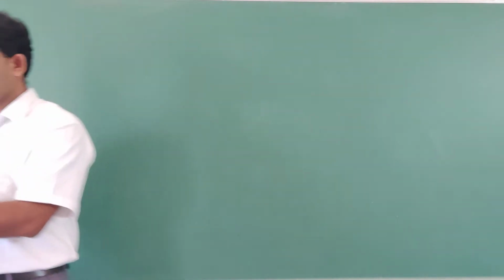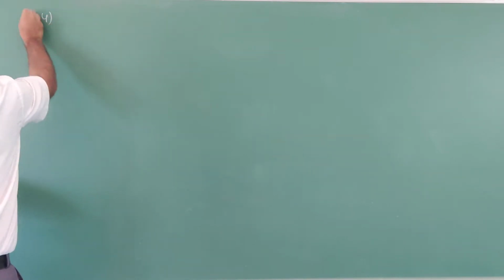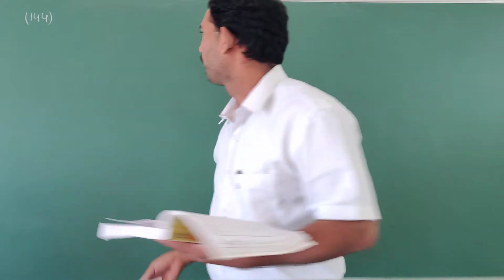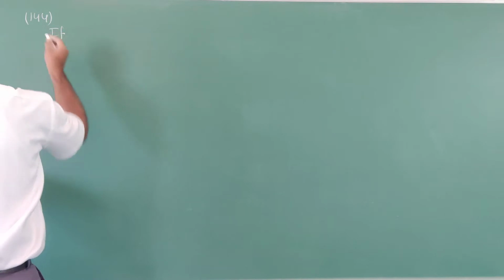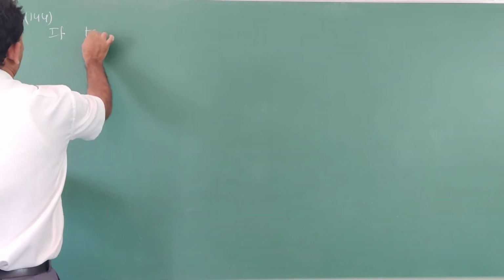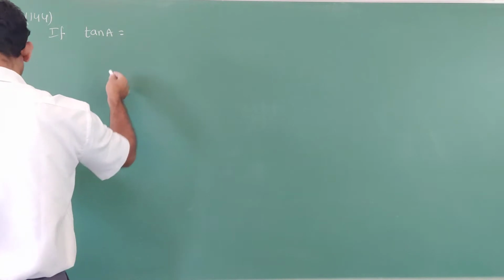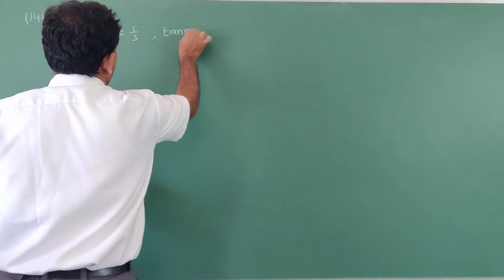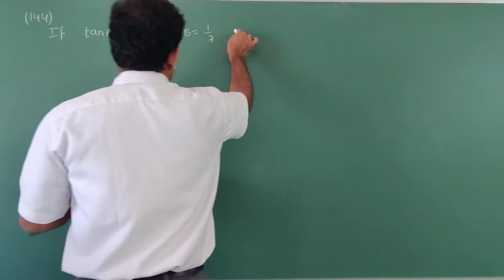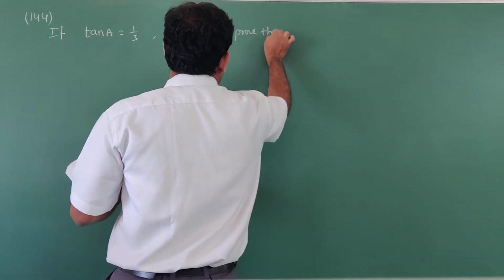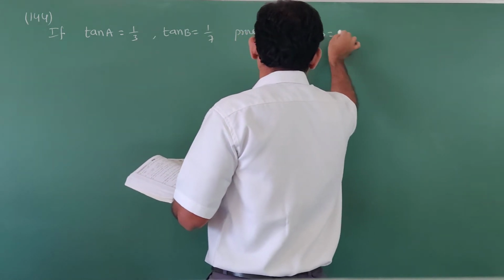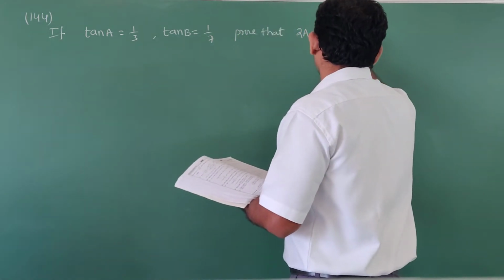Show that if tan A equal to 1 by 3, comma tan B equal to 1 by 7, prove that 2A plus B is equal to pi by 4.